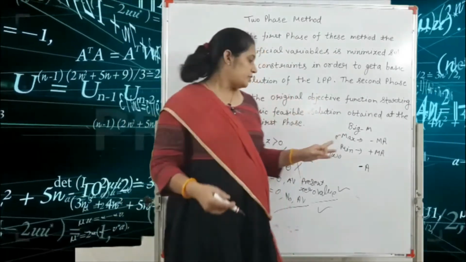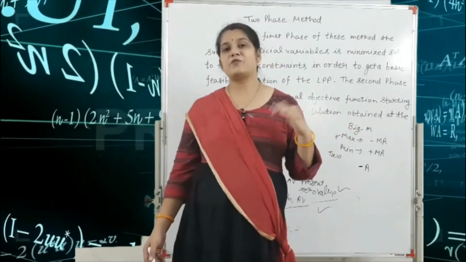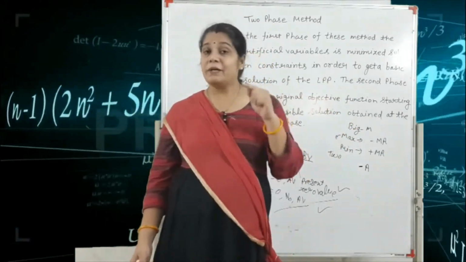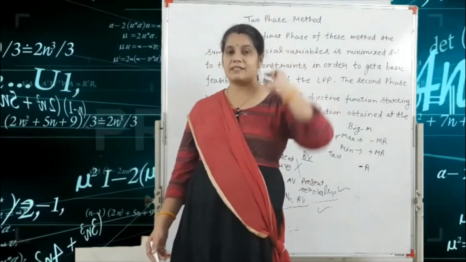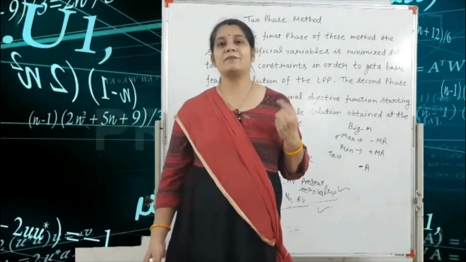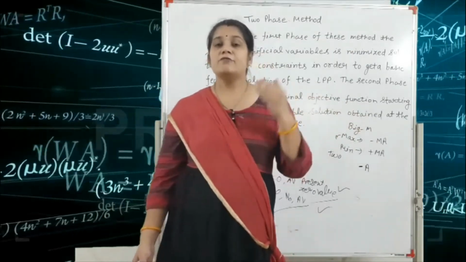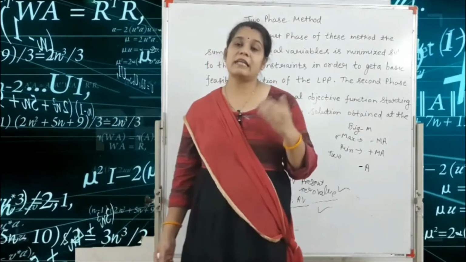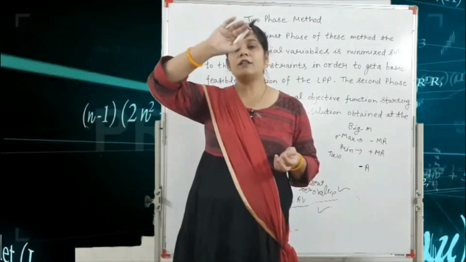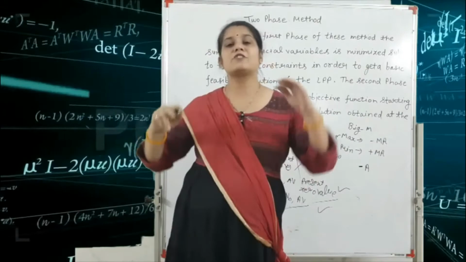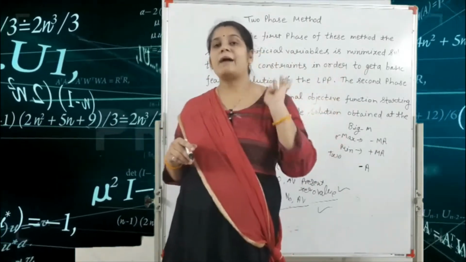But for phase 1, we write all the coefficients of x1, x2, s1, s2 as 0. Only the coefficient of the artificial variable we write on the upper side, and the coefficient of the artificial variable in the two-phase method is -1. So always keep in mind, for solving phase 1 table 1, you write on the upper side all the coefficients of x1, x2, s1, s2 as 0, but only the coefficients of a1, a2 are -1.